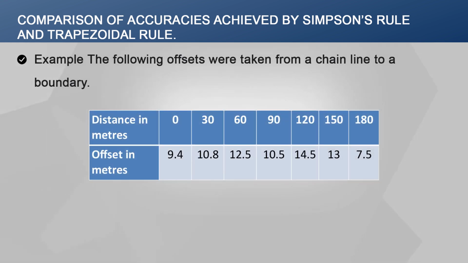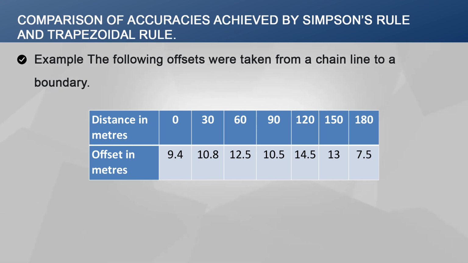Now, the next numerical problem is given. The following offsets were taken from a chain line to a boundary. Distance is given in meters, offset is also given in meters. So, at distance 0, offset is 9.4 meter. At distance 30 meter, offset is 10.8 meter. At distance 60 meters, offset is 12.5 meter.